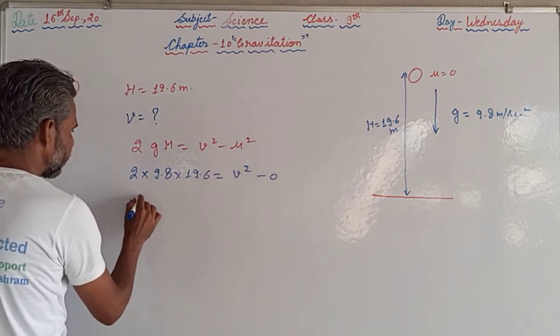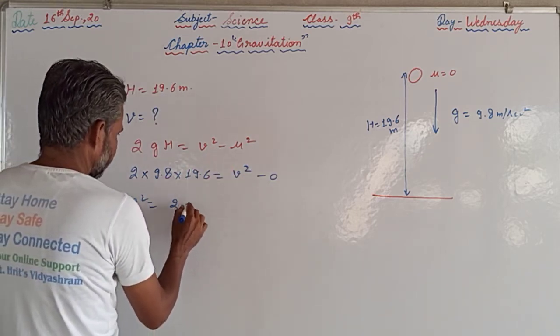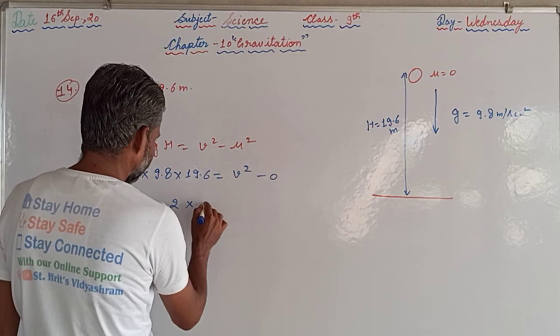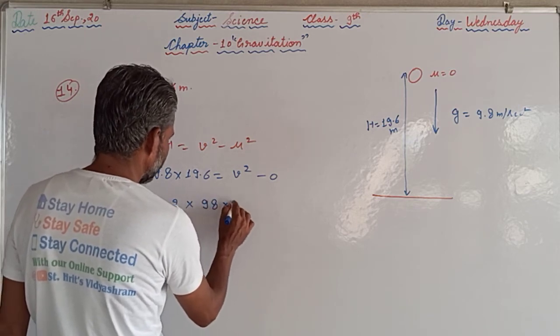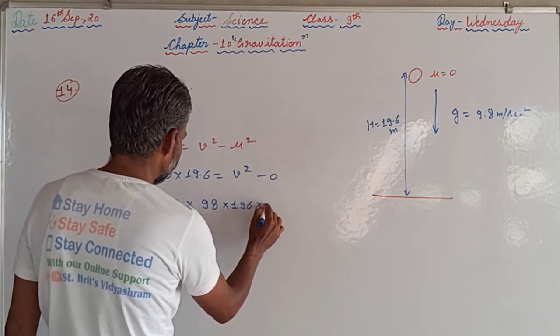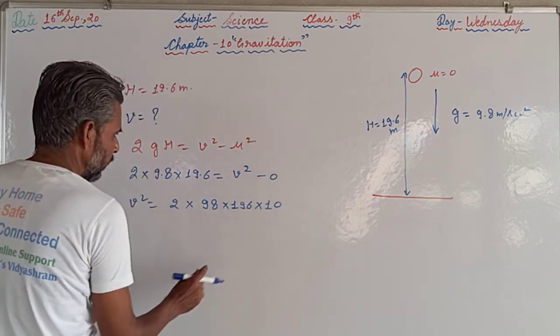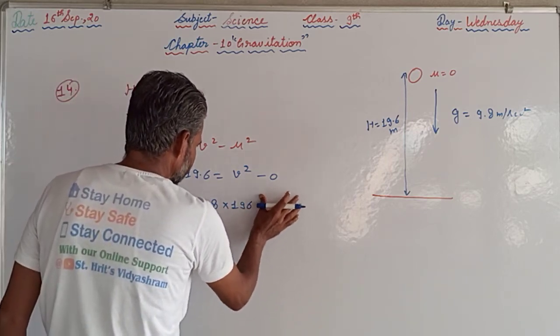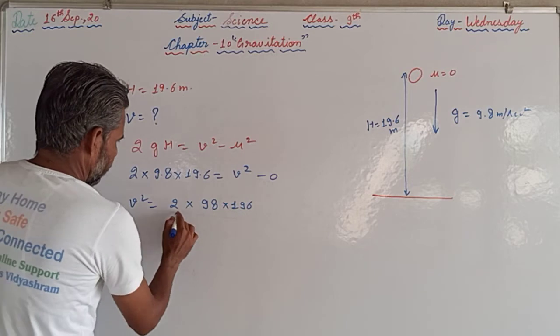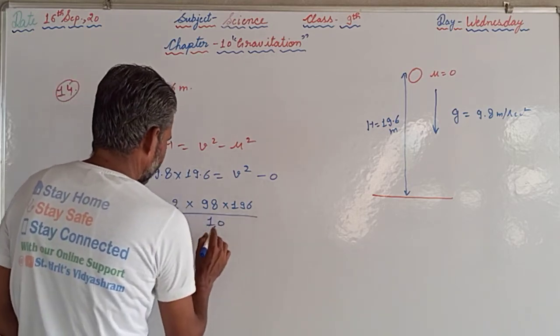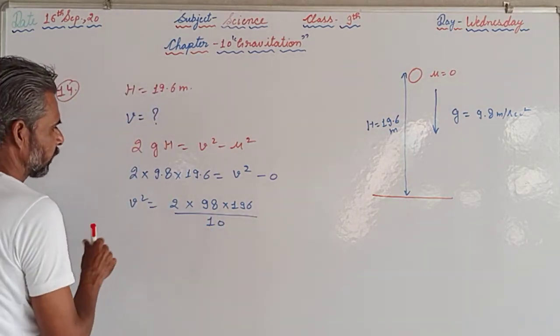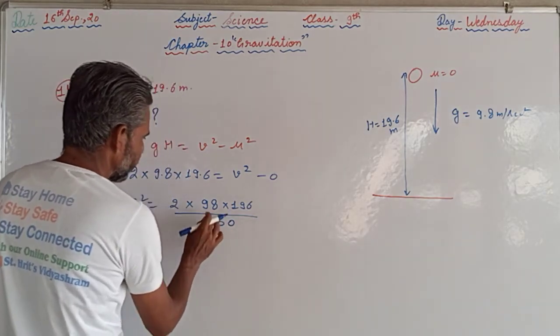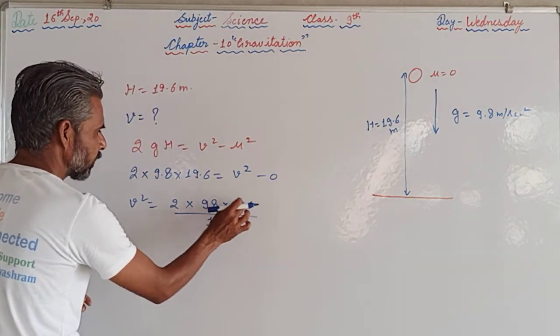From here we can say v square is equal to 2 into 98 into 196 divided by 100, because one decimal was there and one decimal was here.